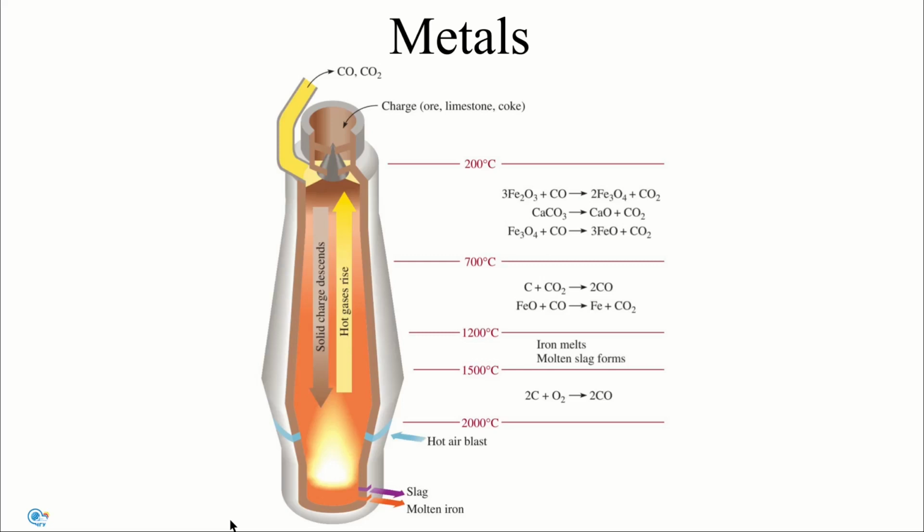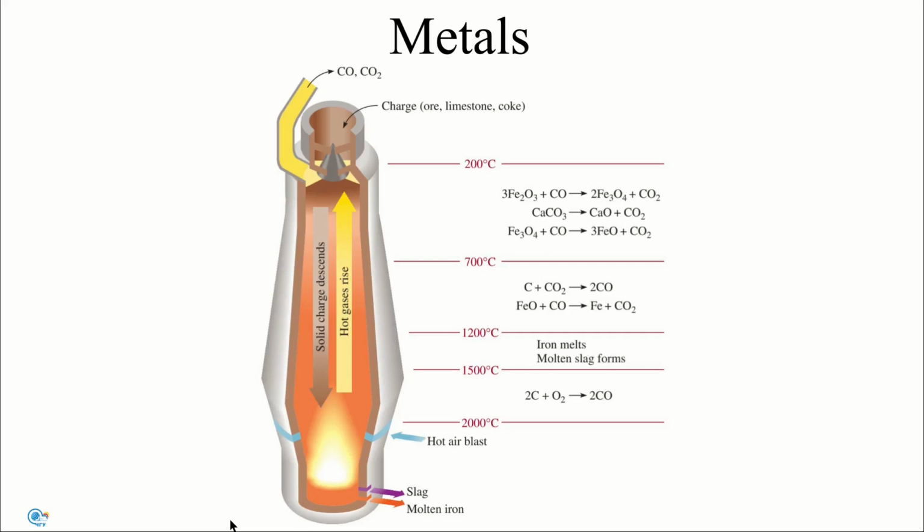Iron extracted in this way contains many impurities, and it is called pig iron. It may contain up to 5% carbon and some silicon, phosphorus, manganese, and sulfur. Some of these impurities stem from the silicate and phosphate minerals, while carbon and sulfur come from coke.